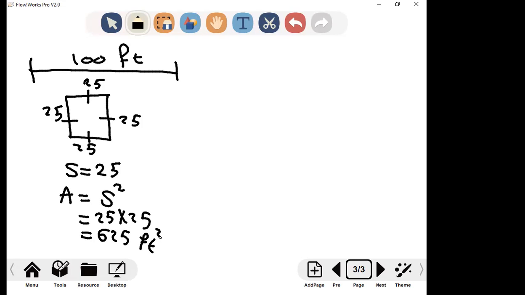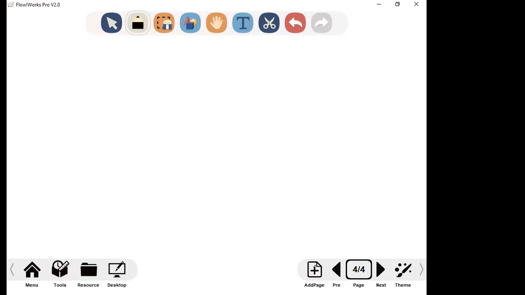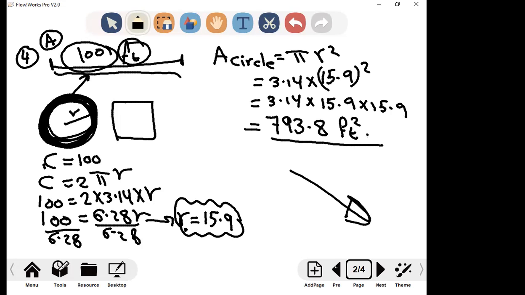Okay, this is part A. Let's read part B. To have the largest possible area for the pen, which pen should Colin build? This is 625 and the circle 793.